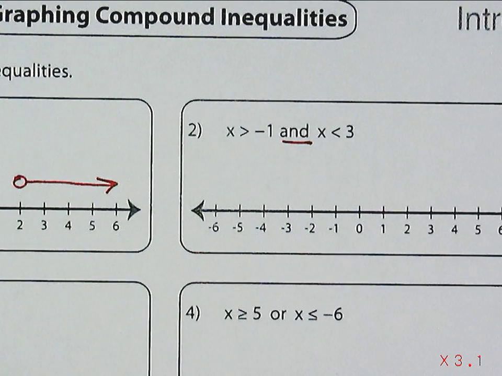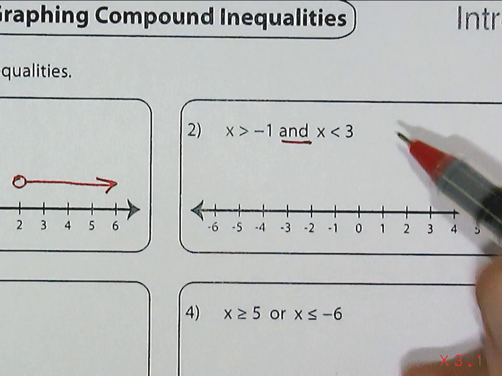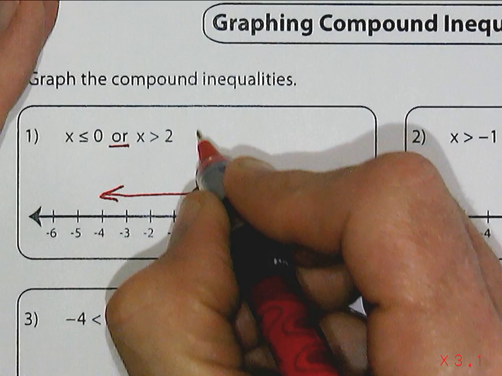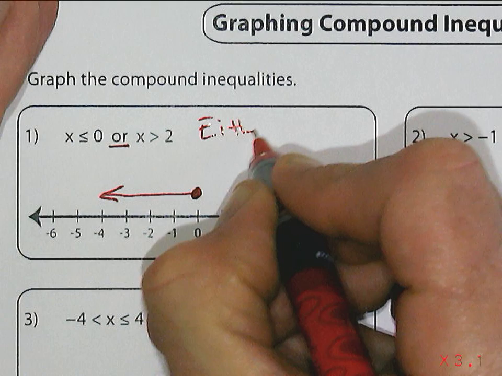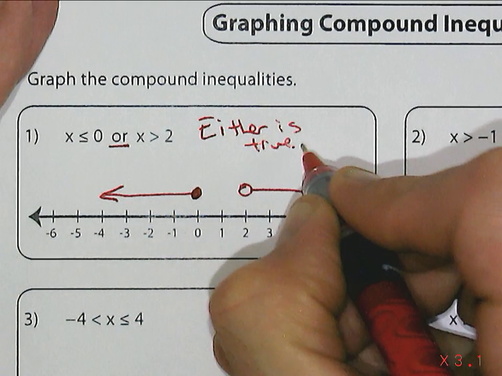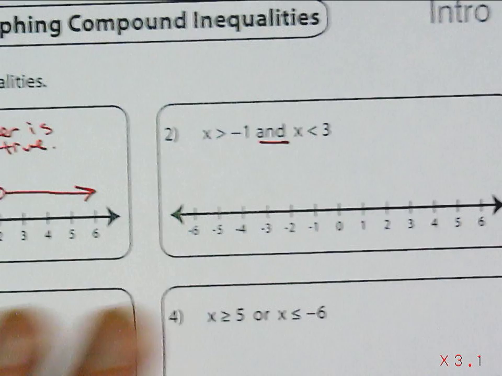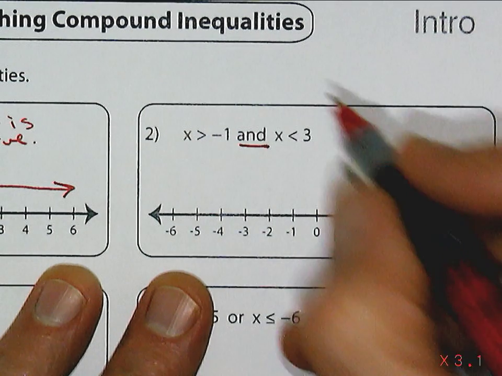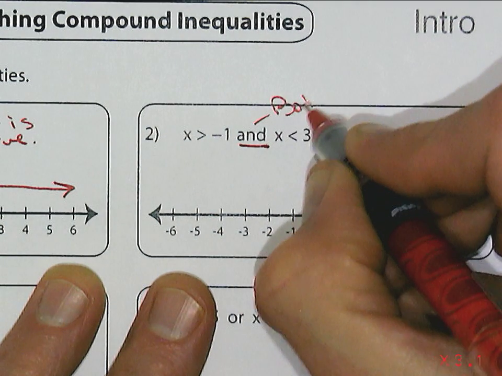Now the difference with and. I'm going to go back to the or for a second, because with or, either one is true. And the and is both are true.